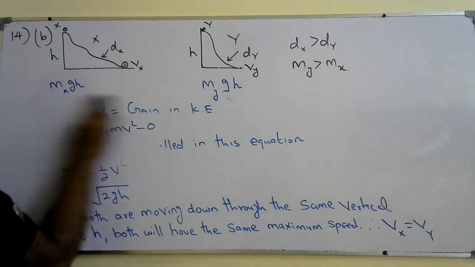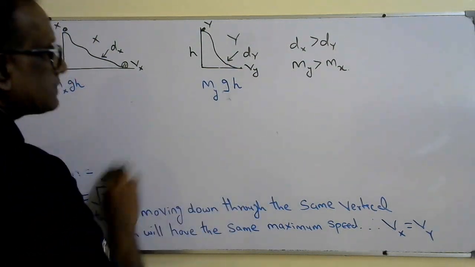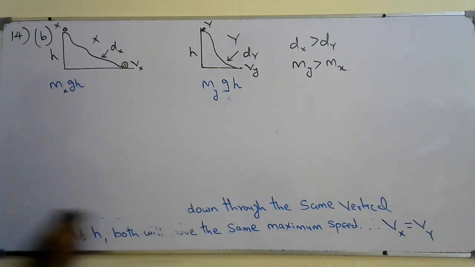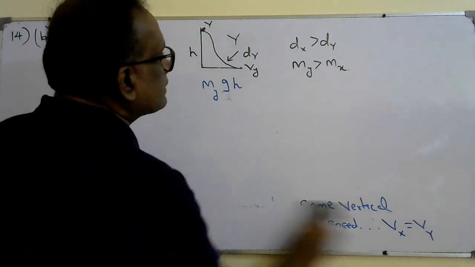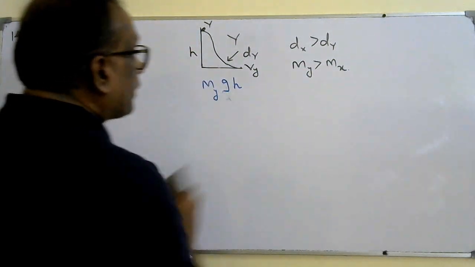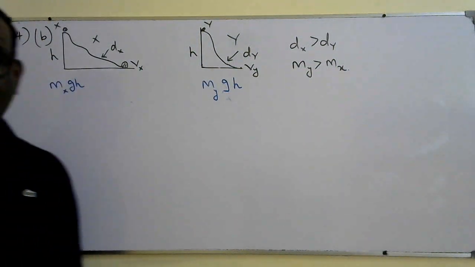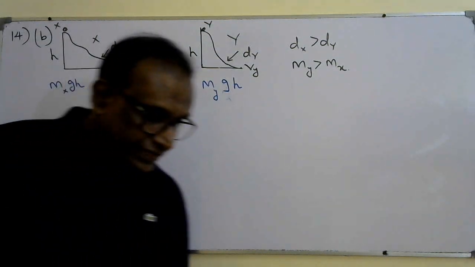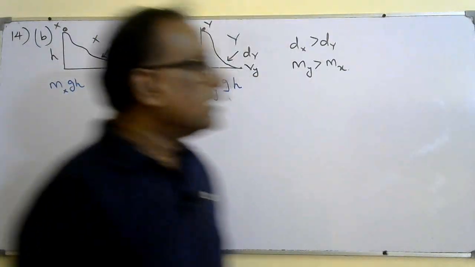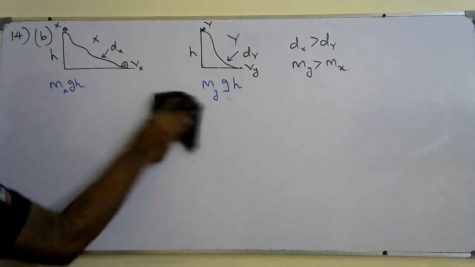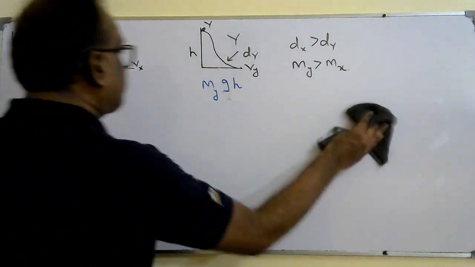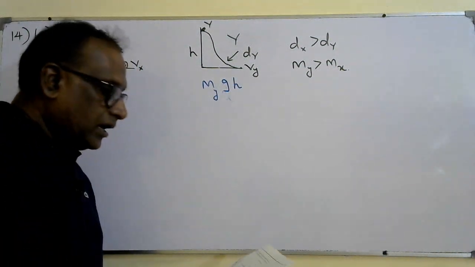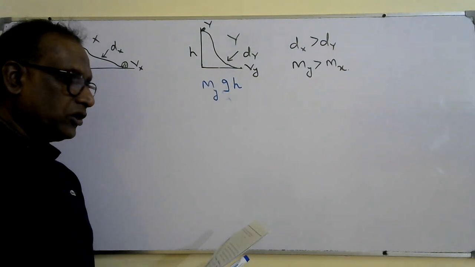Now, in case the question says the same condition, the length dx greater than dy, mass of the child on y greater than mass of the child on x. But if they say both slides exert the same friction, here they are saying ignore the resistive forces acting on both children.